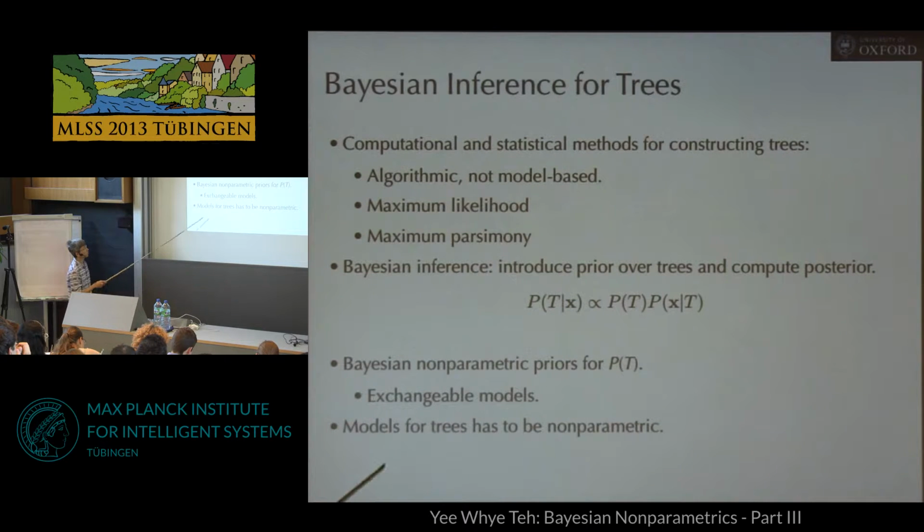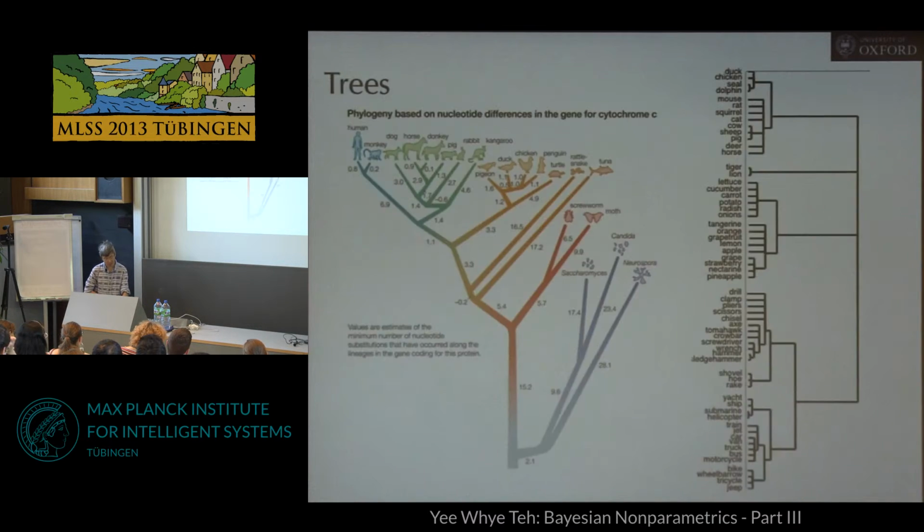One thing to note here is that for clustering, you could take a parametric approach where there are at most 5 different clusters, for example. But in a tree, the size of the tree has to grow with the number of data items that you have. If you have 100 data items, then you're going to have a tree with 100 different leaves.